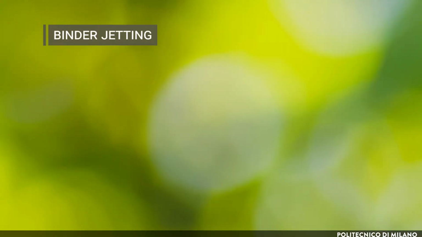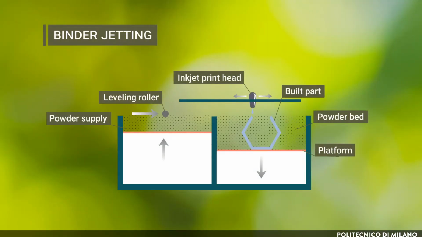Binder jetting is defined as an AM process in which a liquid bonding agent is selectively deposited to join powder materials. The binder jetting process uses 2 materials: a powder-based material that is polymer, metal or ceramic, and a liquid binder. The binder acts as an adhesive between powder layers.